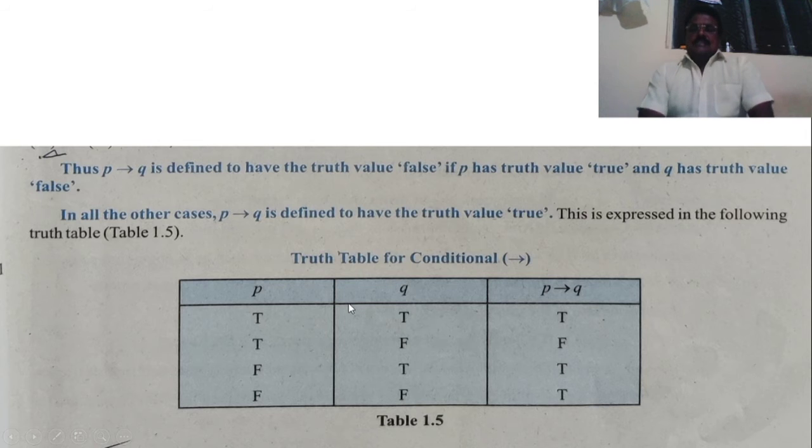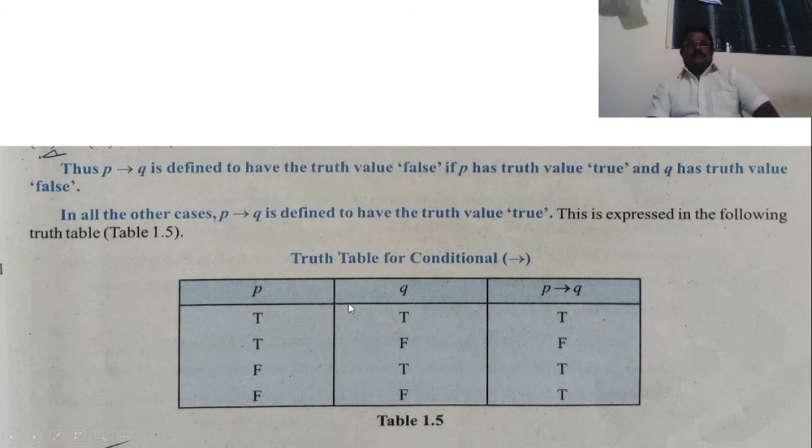This is expressed in the following truth table. First column P, second column Q, and third column P → Q, the conditional statement.